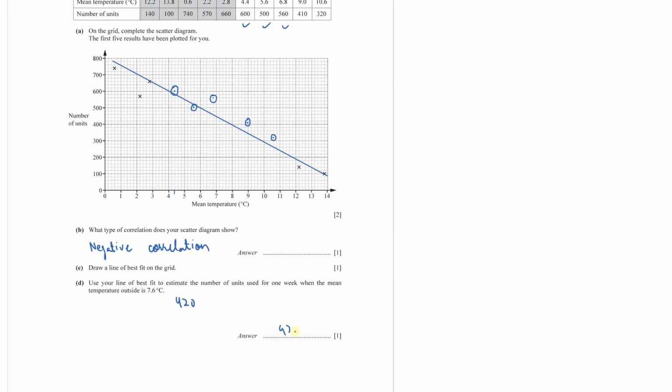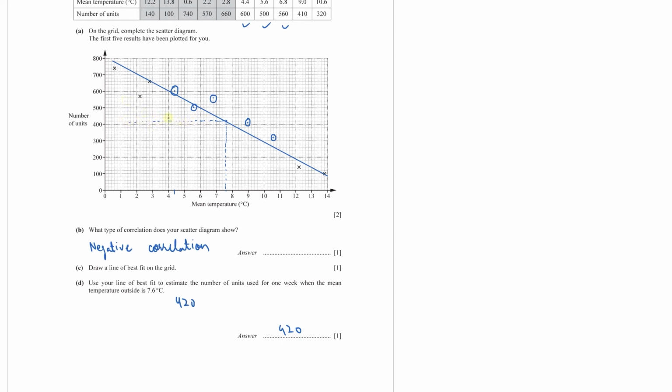So 420. Let me actually mark it here as well. So this is the 7.6 line, and it intersects at this point.